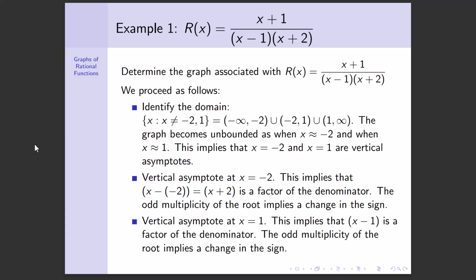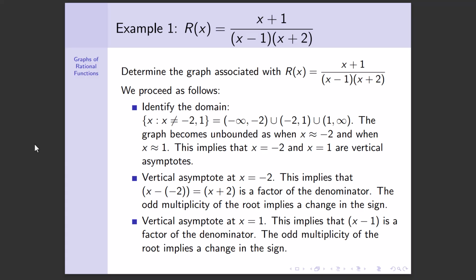This again comes from polynomial theory and the multiplicity of roots for polynomials. The vertical asymptote at x equal 1 implies that x minus 1 is a factor of the denominator. And again, we can see that in the original form. The odd multiplicity of the root implies a change in the sign here as well.